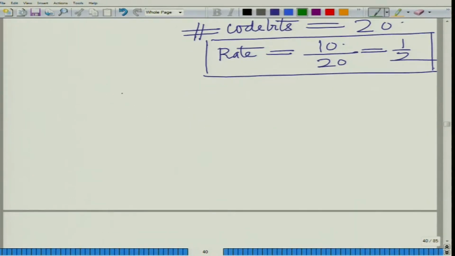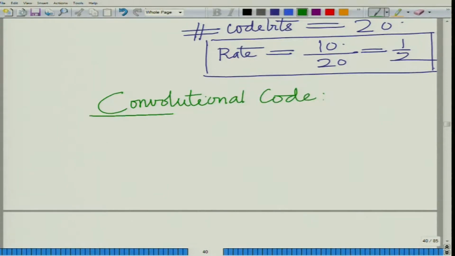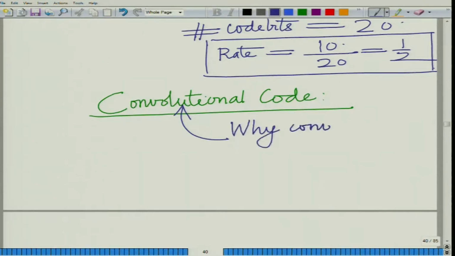So if you look at this notion of a convolutional code, we would like to ask the question, why is this a convolutional code? And to answer that, you go back and look at the generation of the code bit.